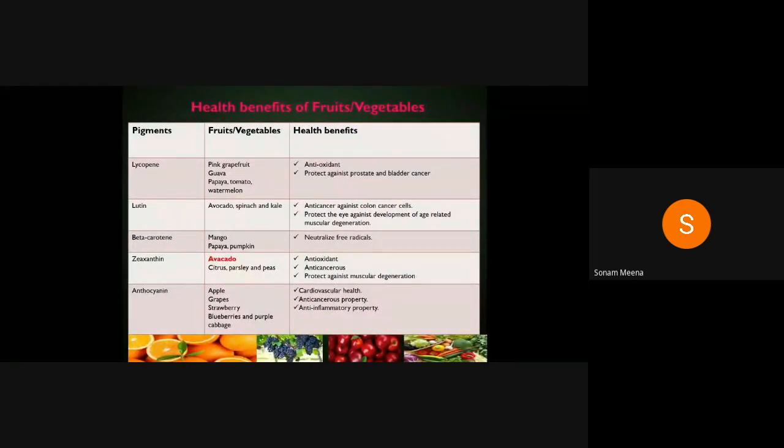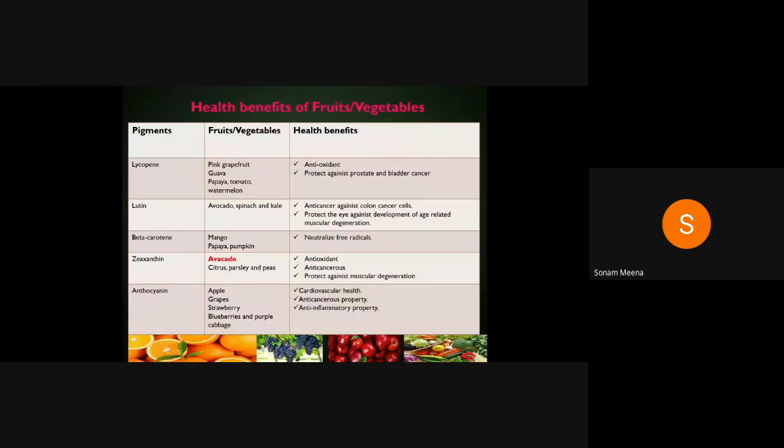Zeaxanthin pigment is found in avocado. Antioxidant, anti-cancerous, and also in cole crops, which fight against cancer-causing agents. And onion. Citrus juice is also used to cure scurvy disease.